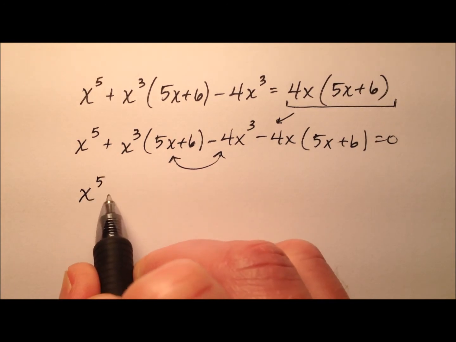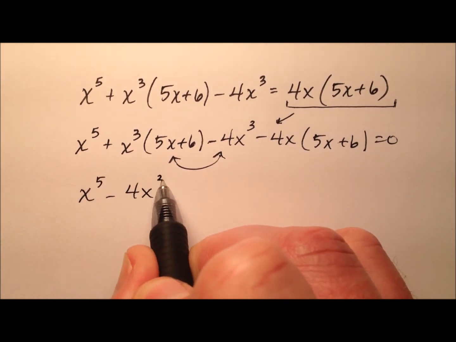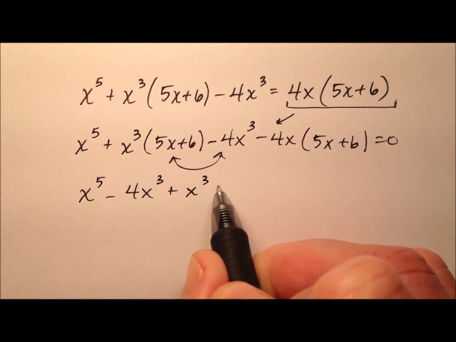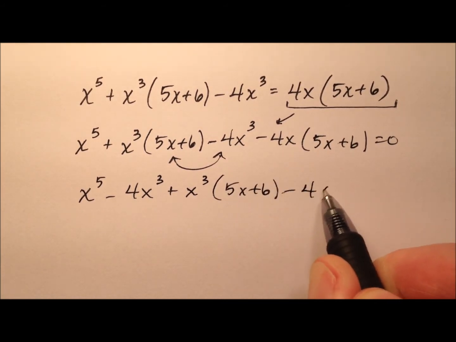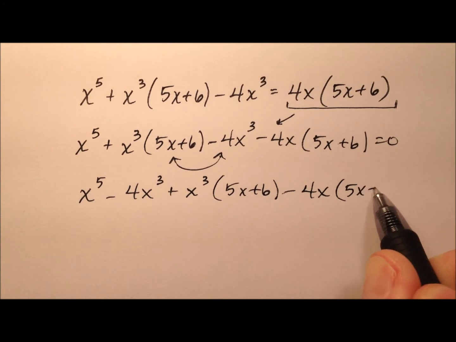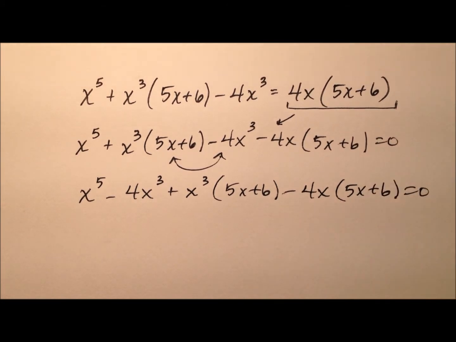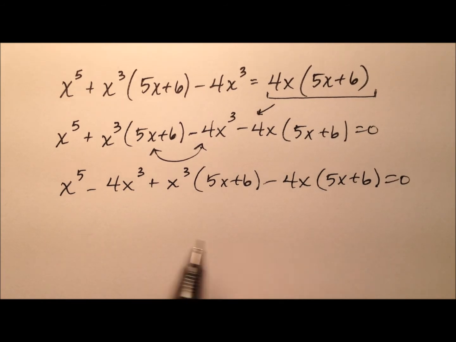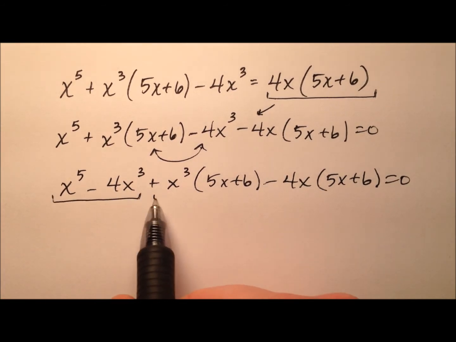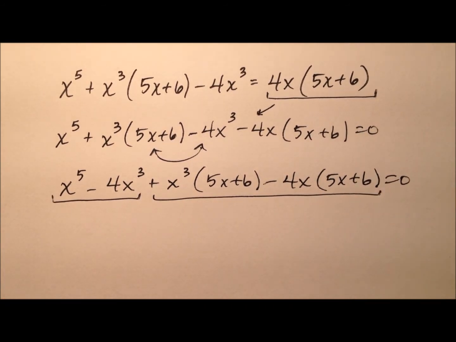So I have x to the 5th minus the 4x cubed, and then plus x cubed times this quantity, 5x plus 6, and then minus 4x, again times this quantity, 5x plus 6. And I'm going to do a thing, we're going to group still, but we're going to do it an interesting way.